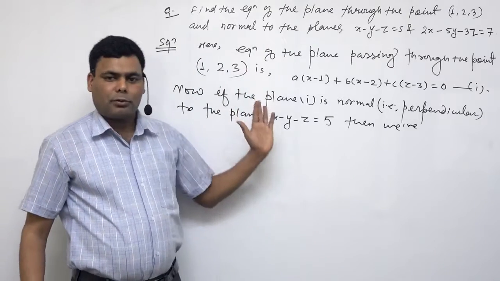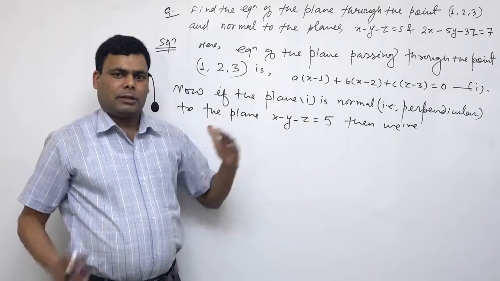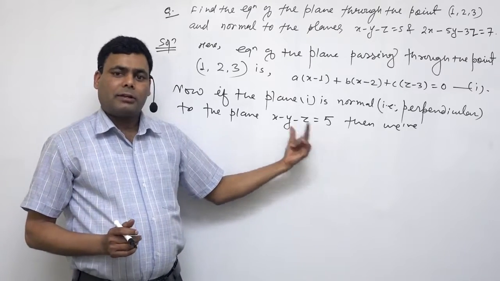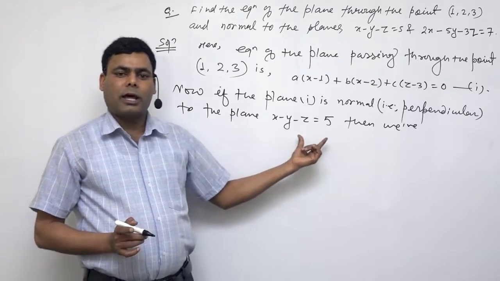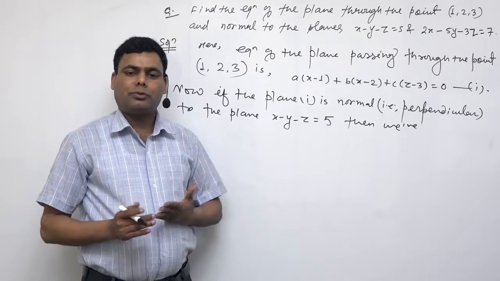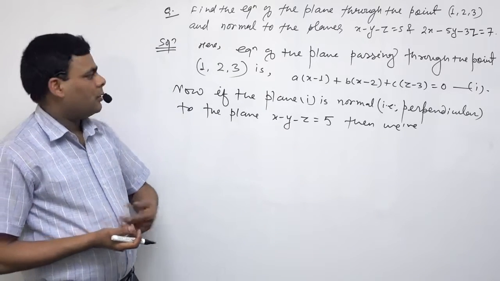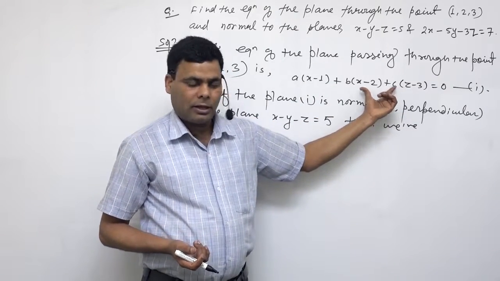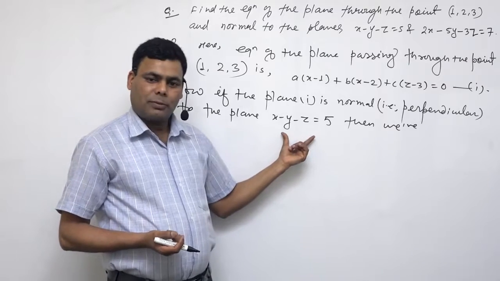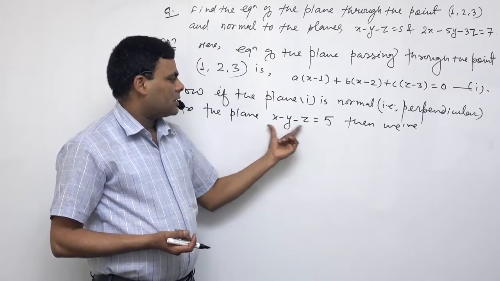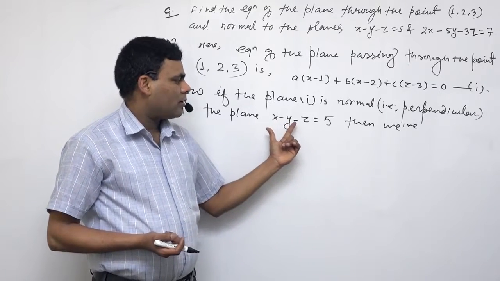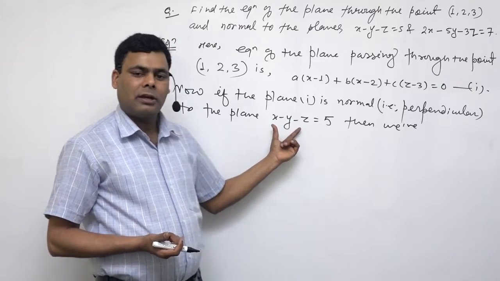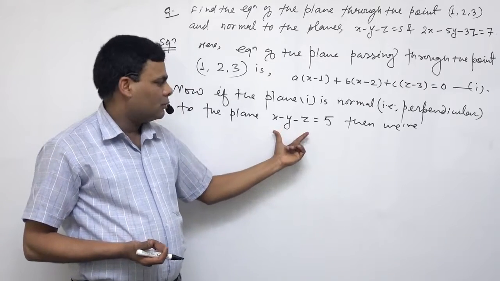If one plane is perpendicular to another plane, then the normals to these planes will also be perpendicular to each other, and in that case we can use the formula a1 a2 plus b1 b2 plus c1 c2 equals 0. Here a, b, c are the direction ratios of the normal to the plane 1. Likewise, the direction ratios of the normal to this plane are 1, minus 1, minus 1. That is, the coefficients of x, y, z are considered as the direction ratios of the normal to this plane.